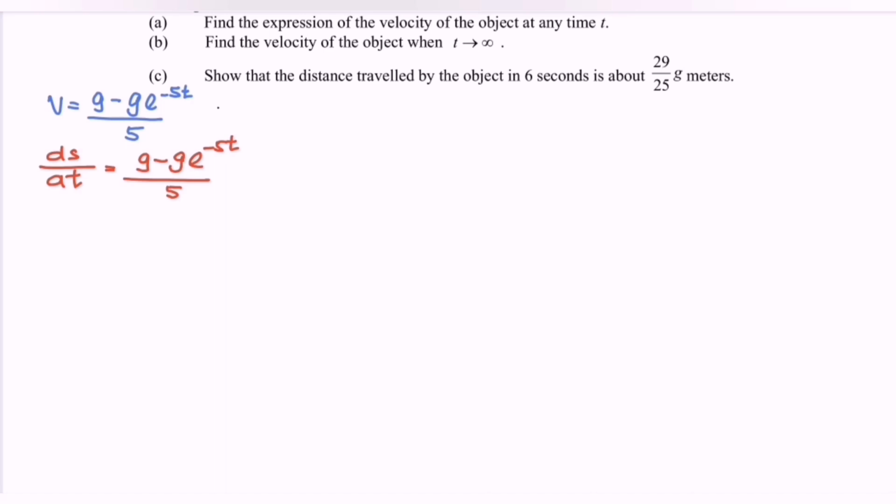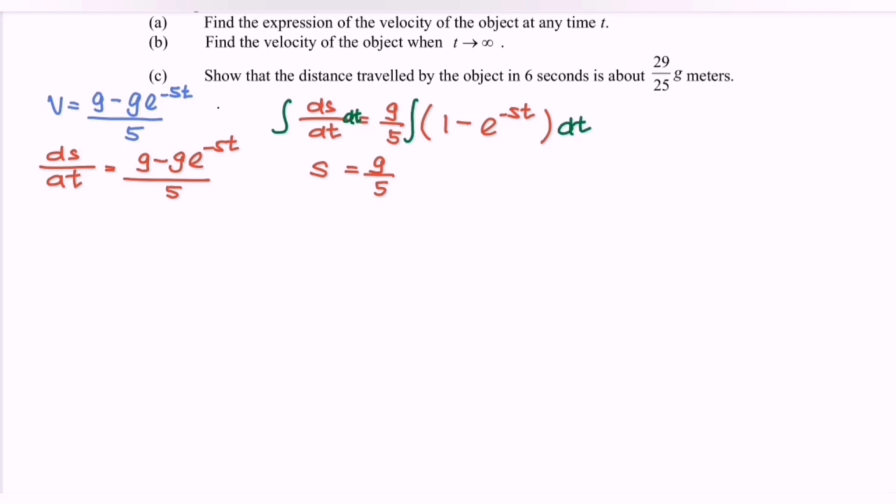So we have ds dt equals g over 5 times 1 minus exponent negative 5t. So we integrate both sides with respect to t. So for the left hand side, we will have s equals g over 5.